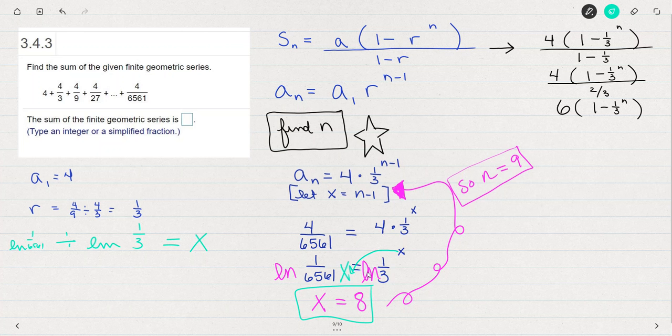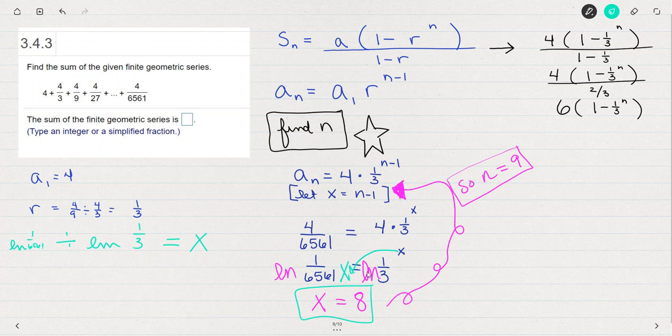But once we know that x is equal to 8, I can see that if x is n minus 1, then if 8 equals n minus 1, adding 1 to both sides, I'd get 8 plus 1 is 9. So in other words, n must equal 9, because 9 minus 1 gives me the 8. Okay, we're well on our way.